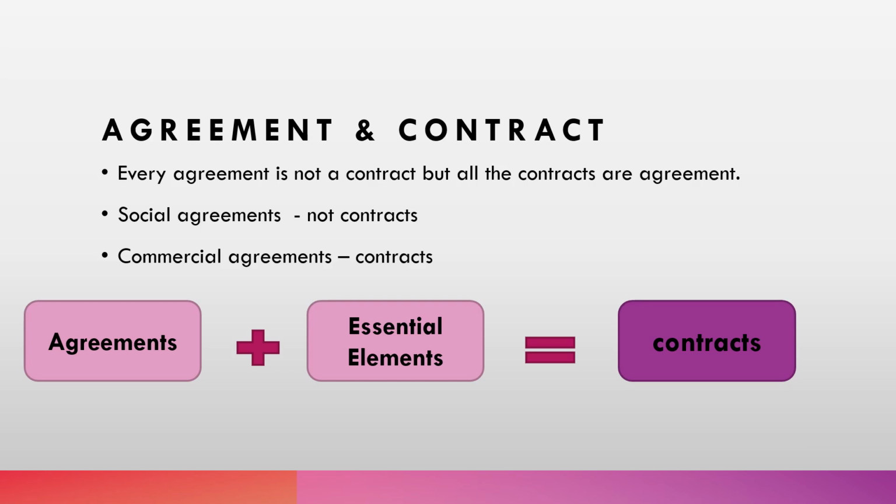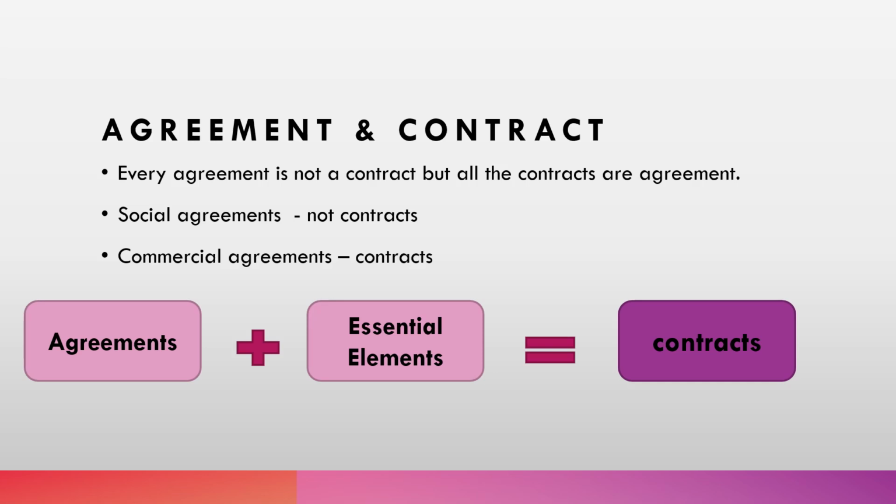When we book a ticket, simultaneously the person who is going to give the service to us is going to show the movie for which we have paid the amount. So this is an agreement. And when we add some legal formalities to that agreement, these are the contracts.